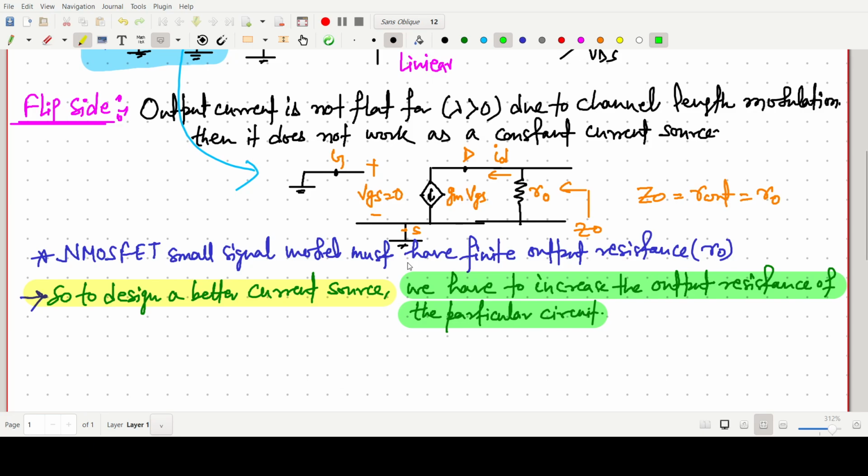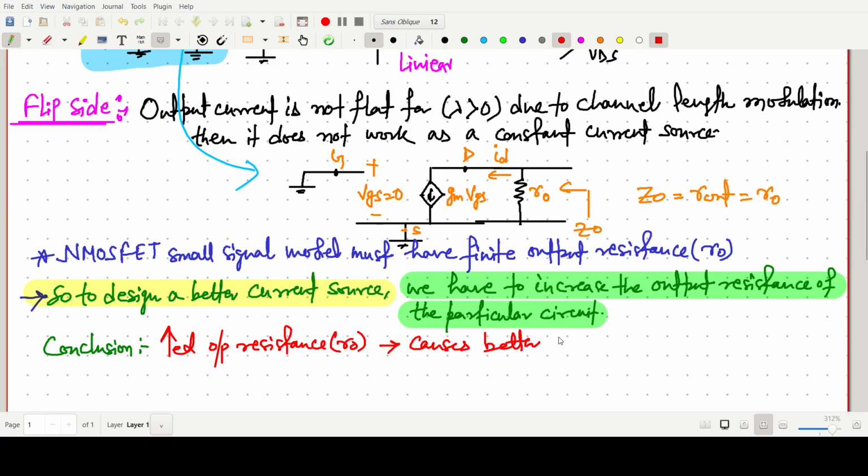Okay, so as a conclusion we can say, for a better current source, if we increase the output resistance, that is, increased output resistance R naught causes a better current source.